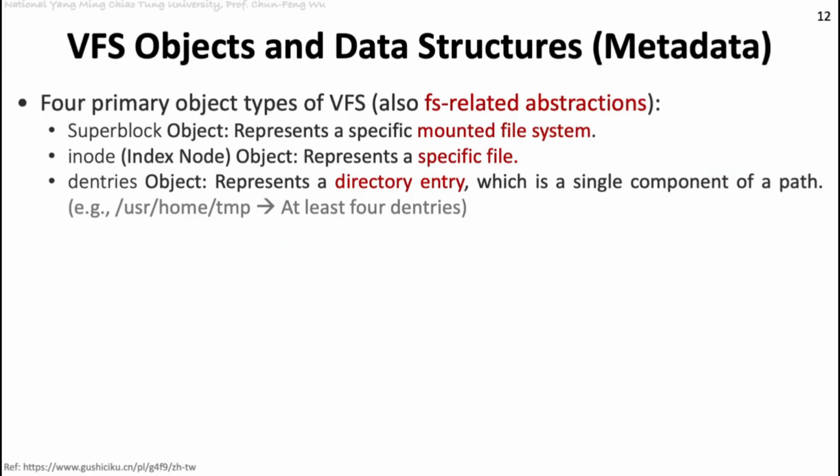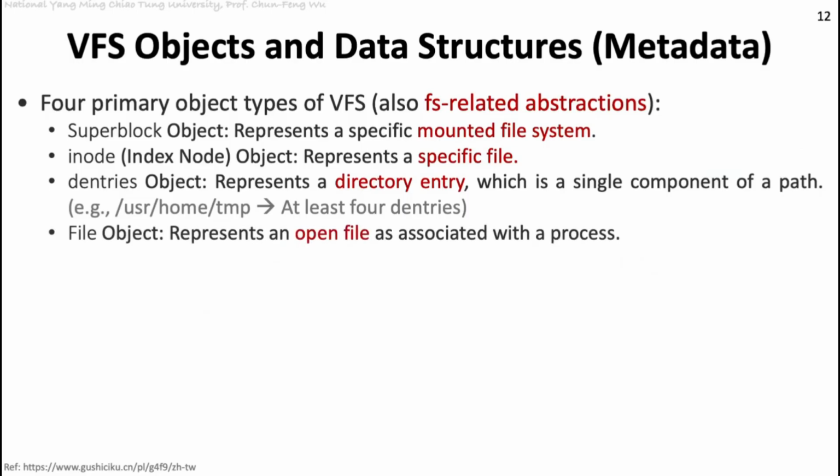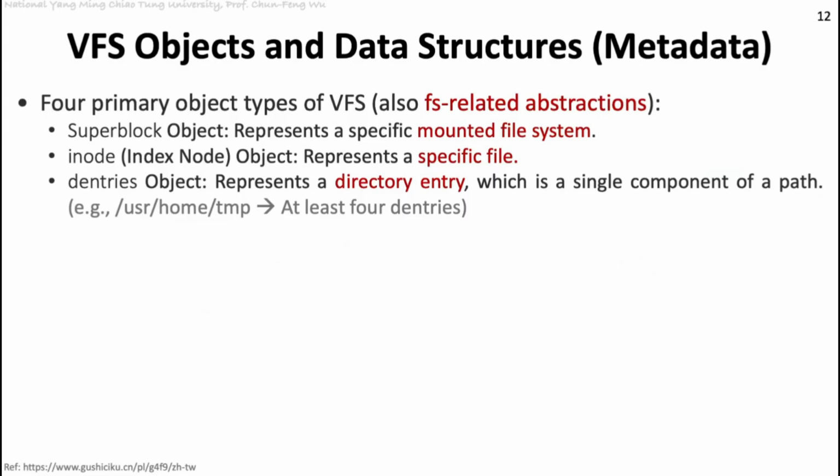Let me give you an example for dentries. If you have a path /usr/home/temp, then for this path you will have four dentries: one for temp, one for home, one for usr, and one for the root, because you have four layers.